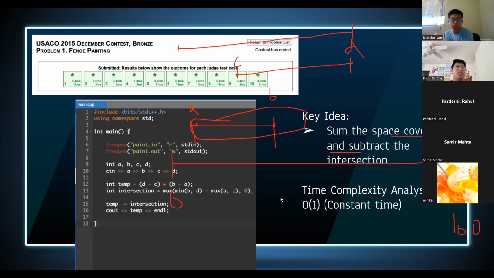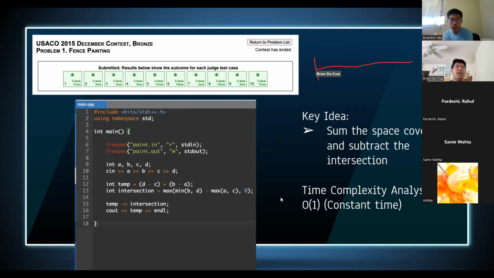Just to demonstrate it more clearly, let's say this is A and this is B. Then this entire interval's length is B minus A, right?